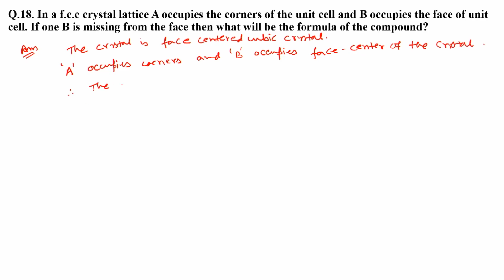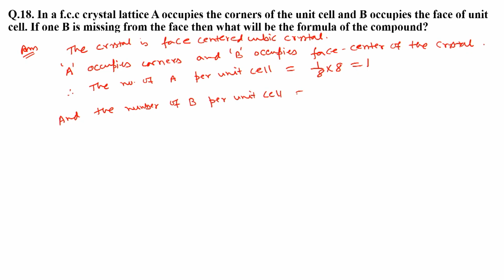Therefore, the number of A per unit cell will be 1 by 8 times 8, right. So, you get 1, and the number of B per unit cell is 6 times 1 by 2, so you get 3.